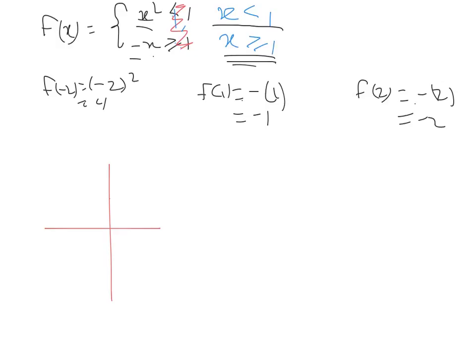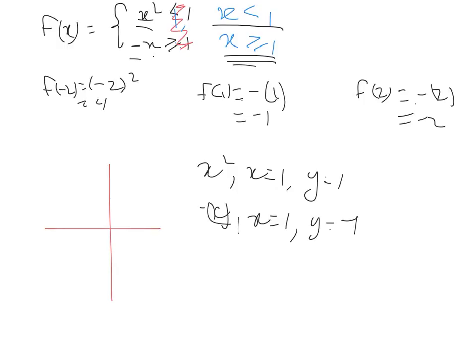At 1, we'll have two points. For x squared, at x equals 1, we're going to have y equals 1. And for negative x, at x equals 1, we're going to have y equals negative 1.